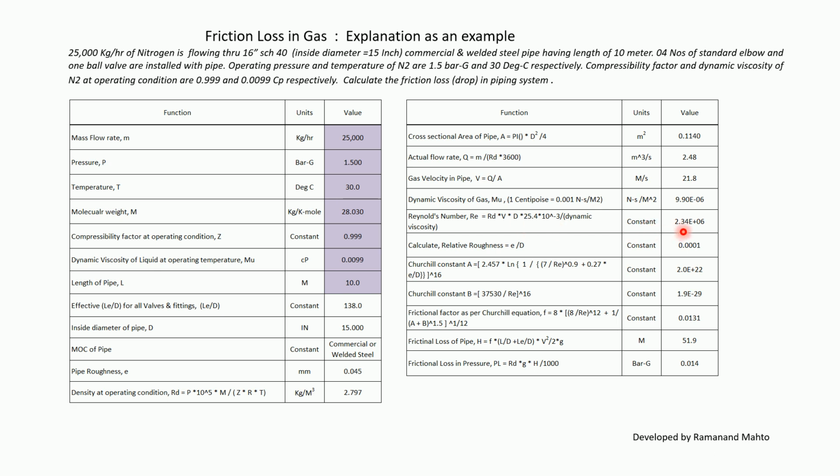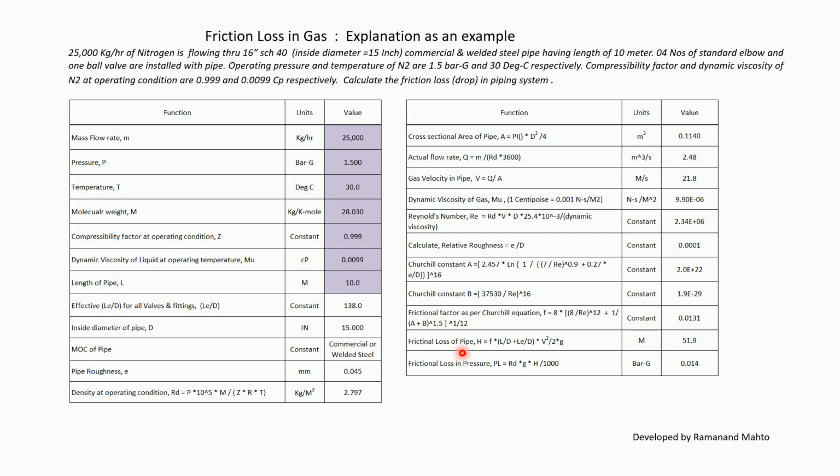Reynolds number is 2.34 times 10 to the power 6. Relative roughness, small e upon capital D, is 0.0001. Churchill constant A is 2.0 times 10 to the power 22. Churchill constant B is 1.9 times 10 to the power minus 29. Friction factor as per Churchill equation is 0.0131, which is also called Darcy friction factor.